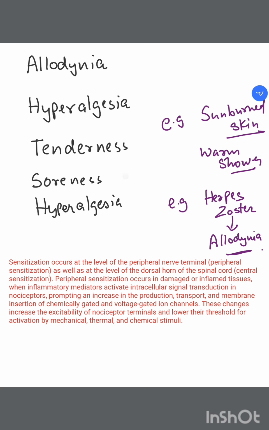These are basically terms related to sensitization. Examples are sunburned skin, a warm shower, and herpes zoster patients. Herpes zoster affects the dermatome, and even on touching the dermatome, the patient feels agonizing, extreme pain. That term is known as allodynia, which we have discussed here.